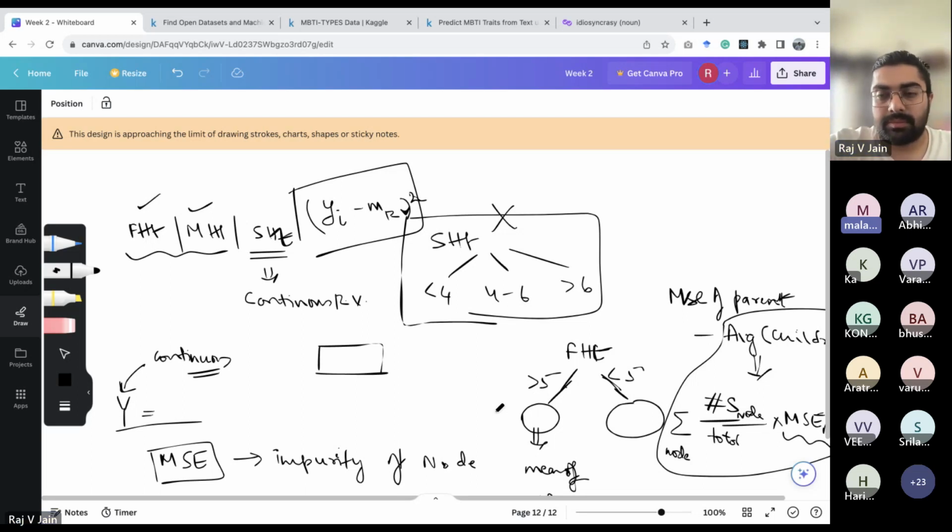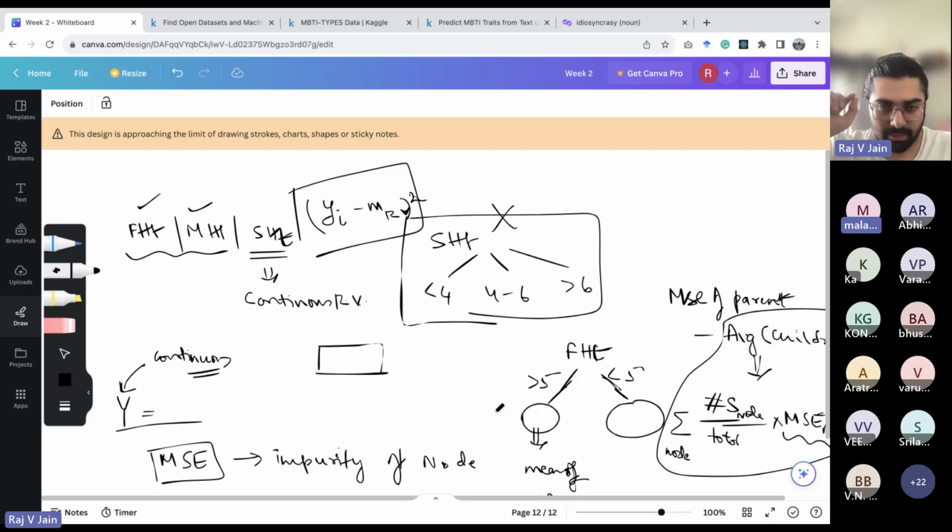But as you mentioned, when I use log to the base 10, I am getting an entropy value greater than 1. Right. See, entropy is the measure of the log.